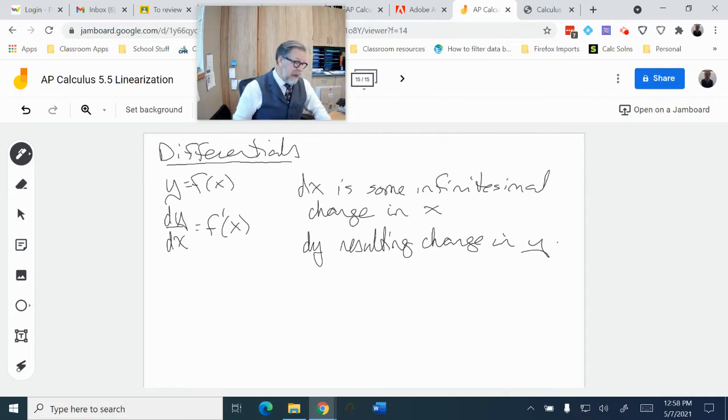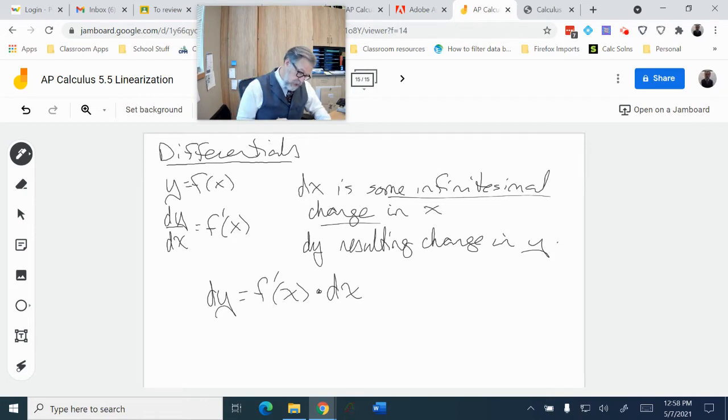And if we think about these, that means that in the context of this infinitesimal change, we can calculate the change in y by taking the derivative and multiplying it by the change in x.